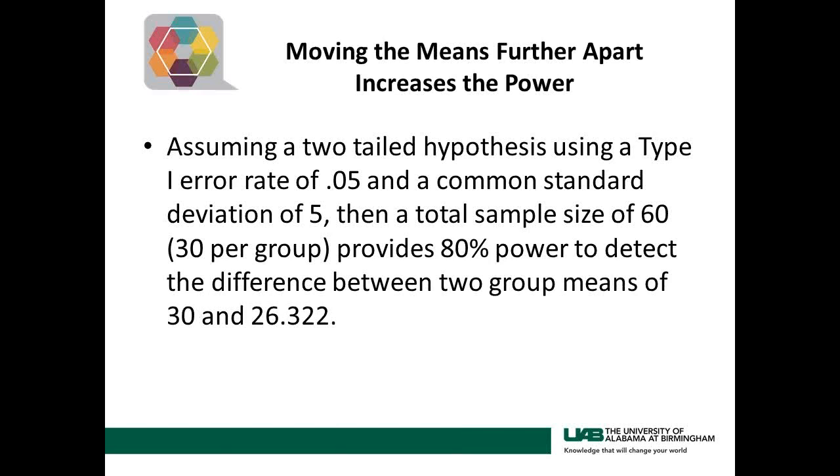I can reverse the calculations, start them over, and say, if you want 80% but you're stuck at 60, assuming a two-tailed hypothesis test, using a type 1 error rate of 0.05 and a common standard deviation of 5, total sample size of 60, everything has stayed the same, except now I say 80% power to detect the difference between two group means of, and this had to move.